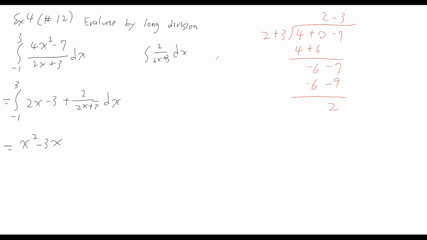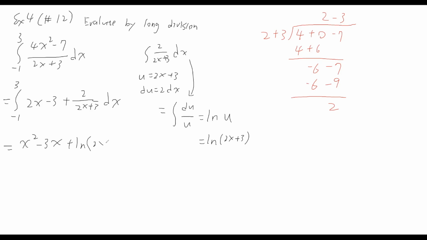I'm going to let u be 2x plus 3. That means du is going to be 2 dx, right? And then that will become du over u, right? Which is just ln of u, right? And that is just ln of 2x plus 3. Okay, so plus ln of 2x plus 3. And then we are evaluating all of them from -1 to 3. Right, so let's just go and do that.